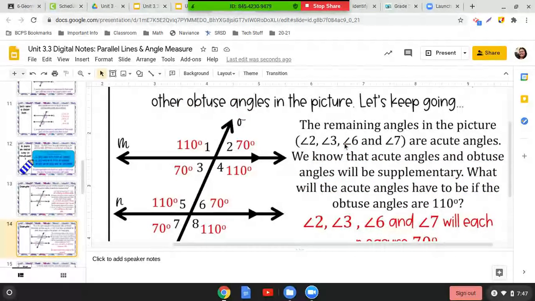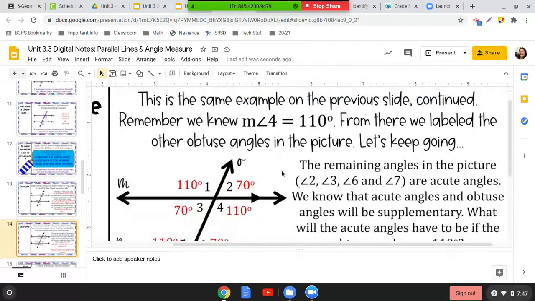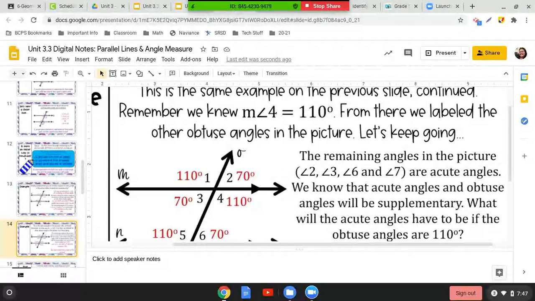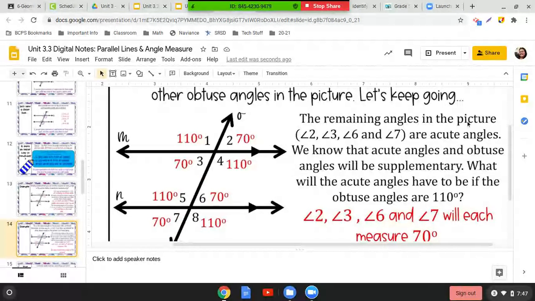So we know that the measure of angle 4 is 110 degrees, and we labeled all of our other obtuse angles, and now we're going to figure out the remaining angles in the picture. And they're all acute angles, so we know that all the acute angles are going to be congruent, and that acute angles and obtuse angles will be supplementary.